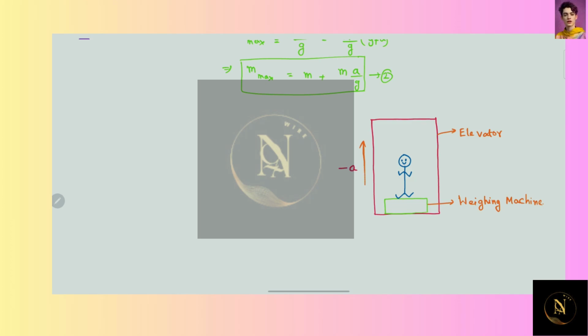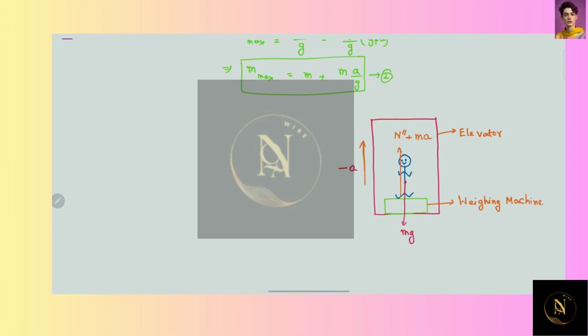Now the forces acting on the person: as usual, its actual weight mg will be acting downward, and the normal reaction force on the person will be acting upward, let's say that is N double prime. In addition to that, a pseudo force will be acting in the upward direction, that is m into a.